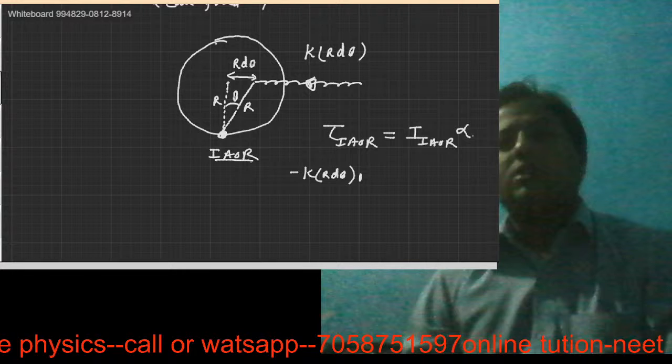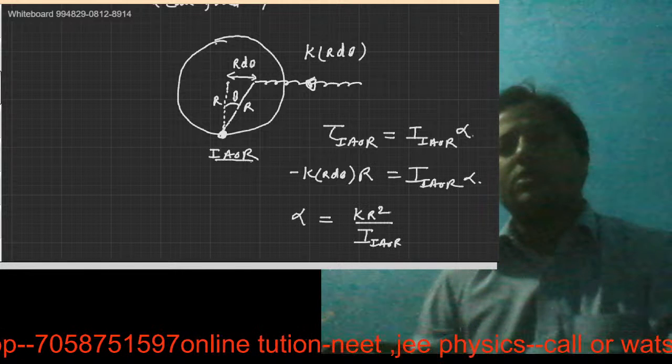This is the IAOR alpha. So what is alpha? Alpha is k r square over I about the instantaneous axis of rotation, multiplied by minus d theta or theta. Here the angle is theta, r theta.